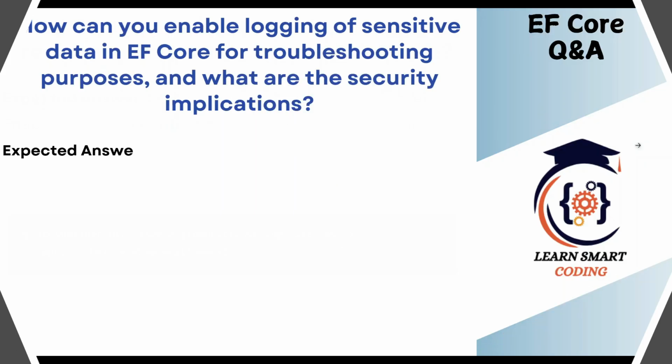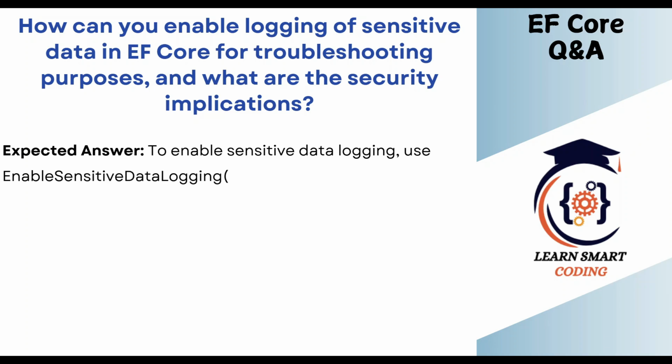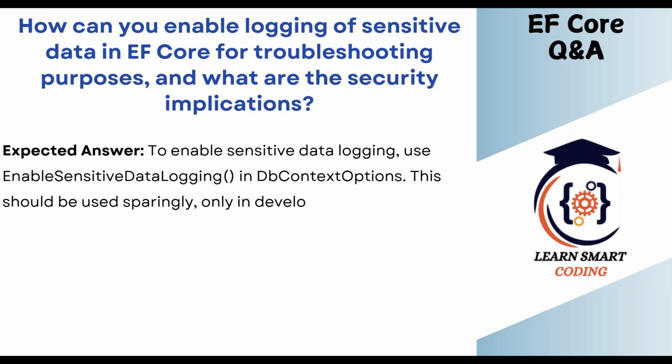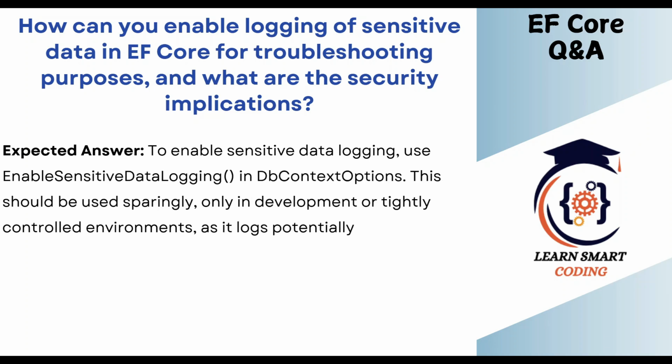Now we can also ask, how can you enable logging of sensitive data in EF Core for troubleshooting purposes, and what are the security implications? Let's say you're writing all of your beautiful queries and you just don't know how to debug in case you feel the query is giving you wrong results.